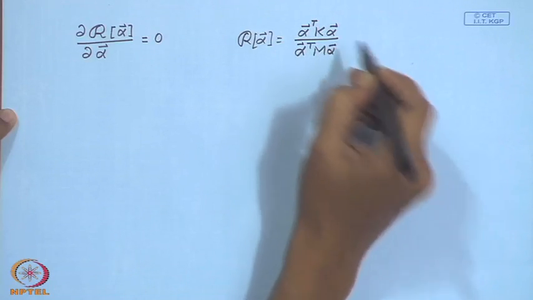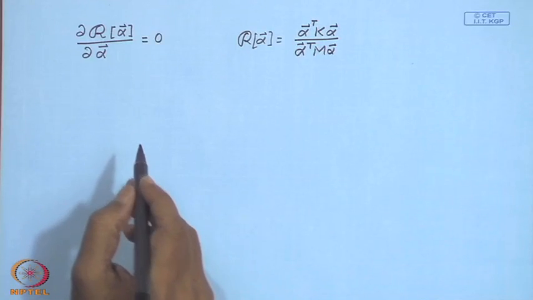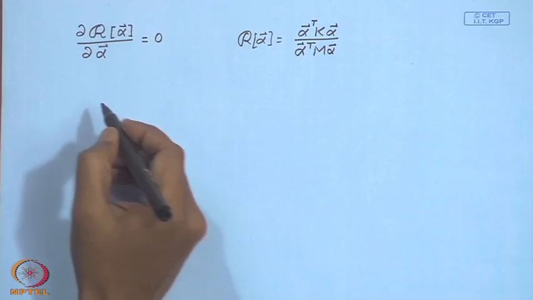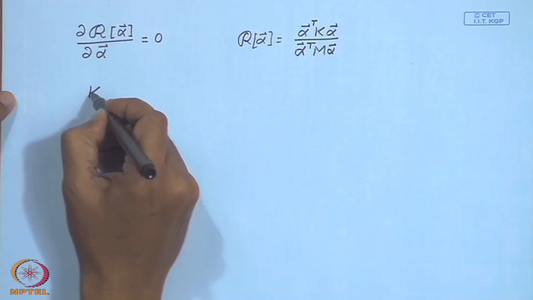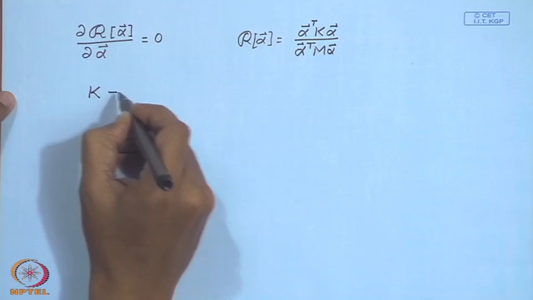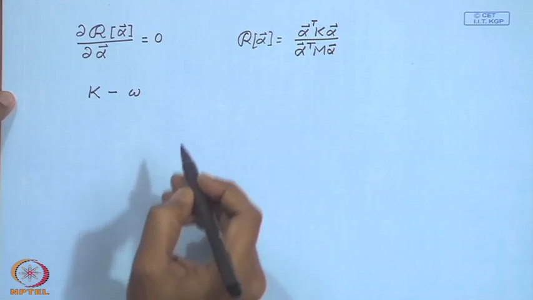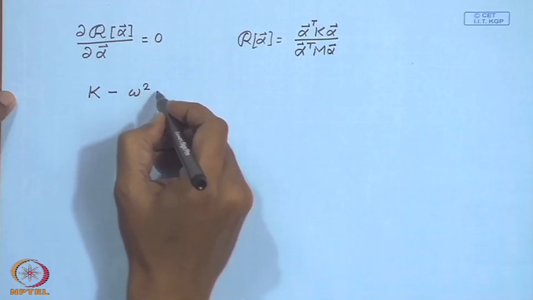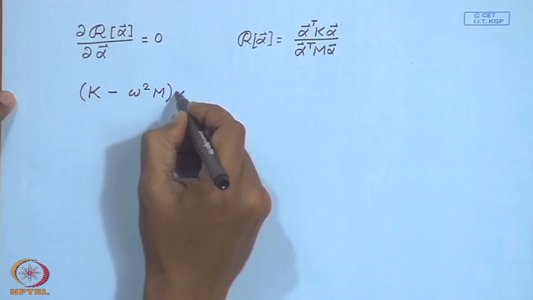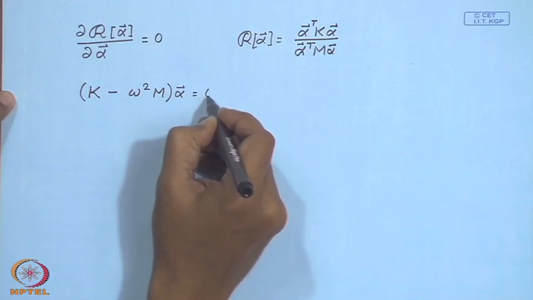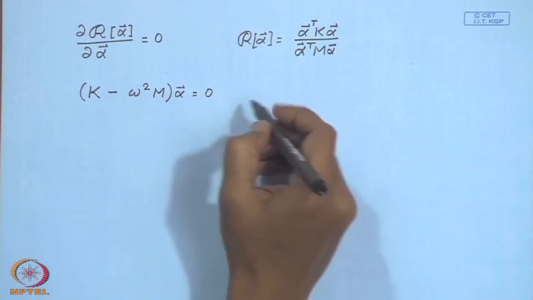So, if you consider this expression of the Rayleigh quotient, and if you perform this derivative, which is straightforward, finally, what you will arrive at, now, here how will omega enter?